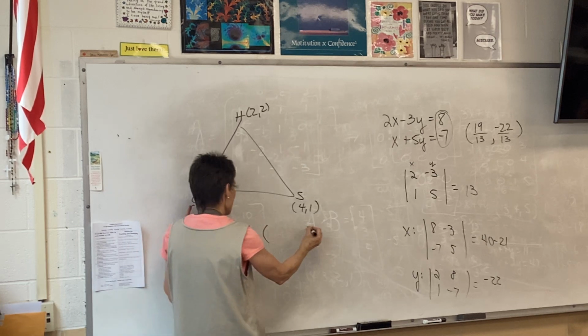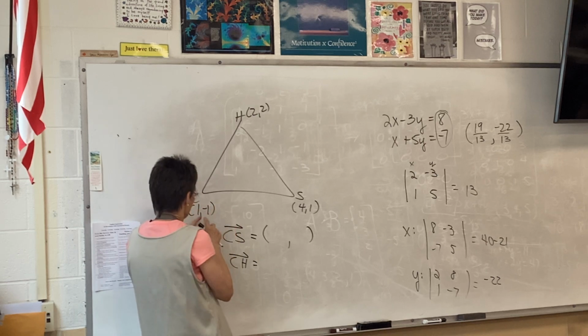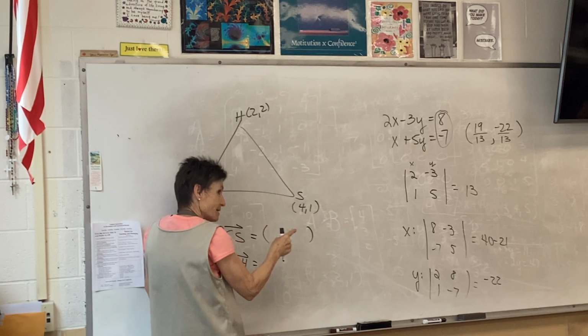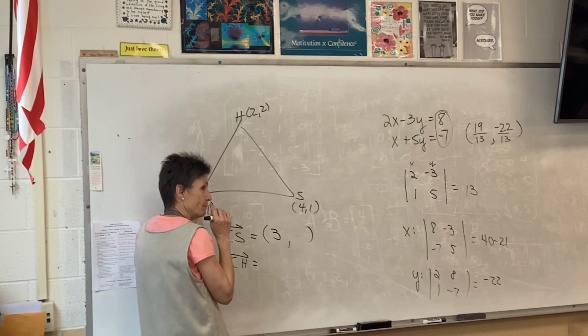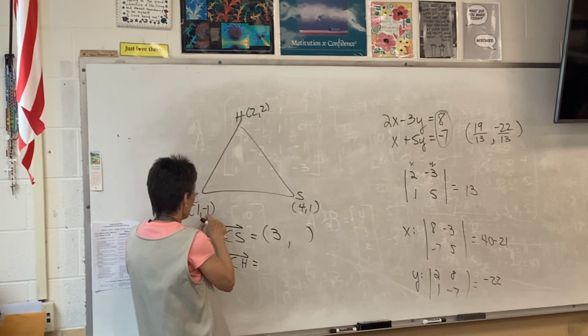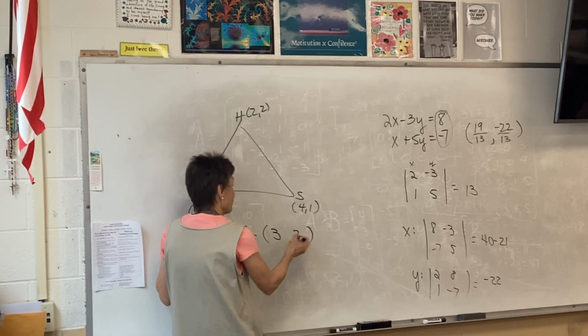And this is real simple. Just ask yourself, with x, when I go from C to S, I'm going from 1 to 4. Positive 3. Direction, distance. Negative 1 to 1: positive 2.